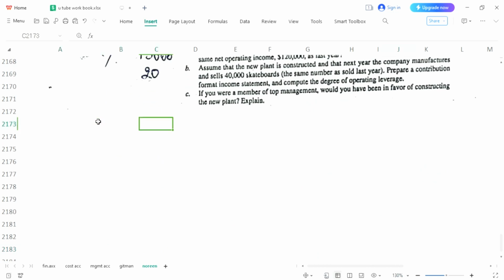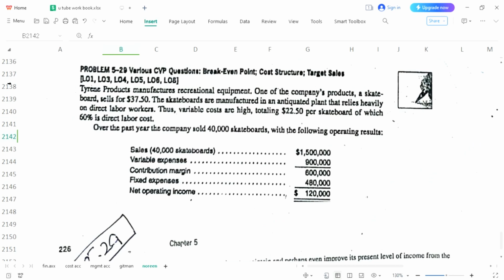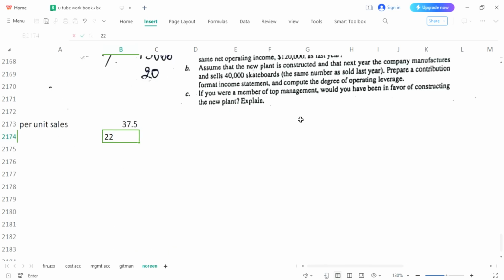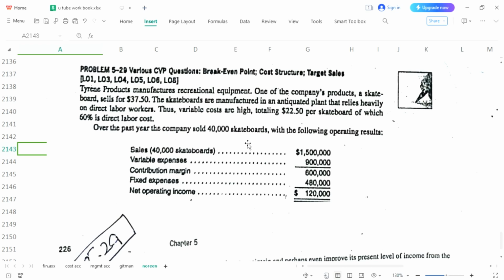We can write over here per unit sales is 37.5, and the next thing being discussed is variable cost, 22.5. What we are doing is just noting it down, it would be a little more helpful for us.